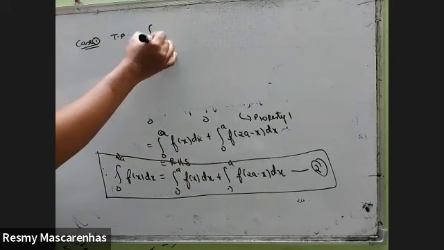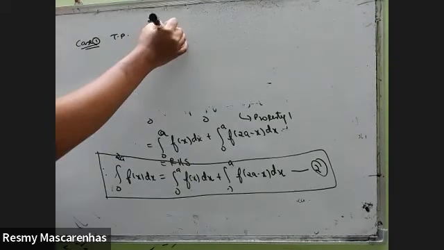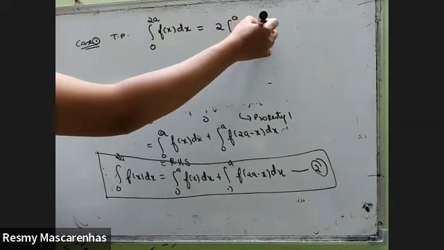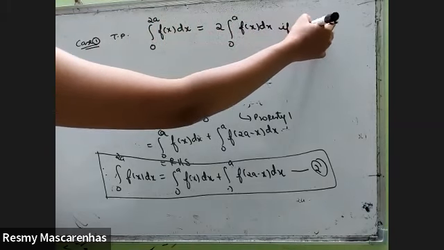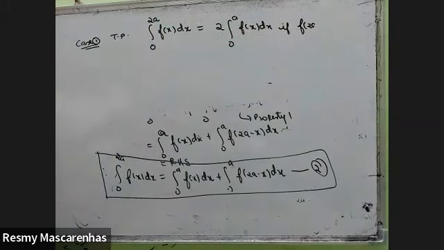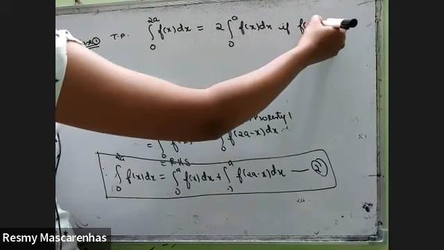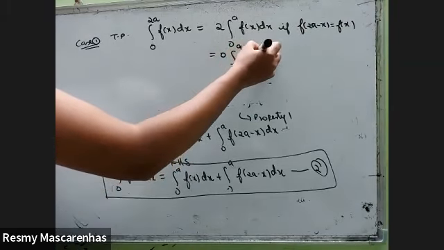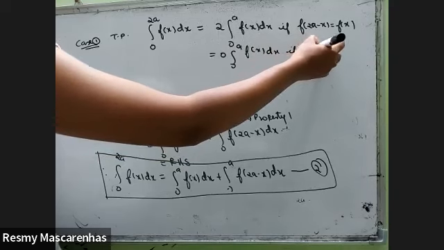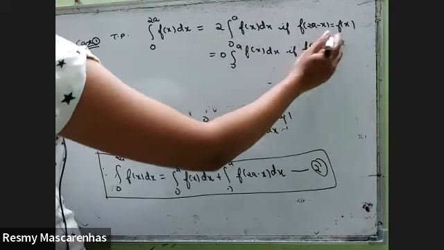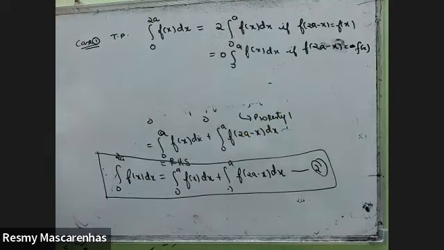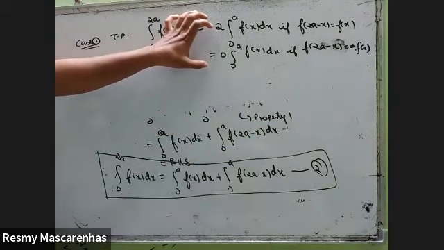So to prove 0 to 2a f of x dx is equal to 2 times 0 to a f of x if f of 2a minus x is equal to f of x, and 0 if f of 2a minus x is equal to minus f of x. So till this part I have to prove, and then this extra part also I have to prove.